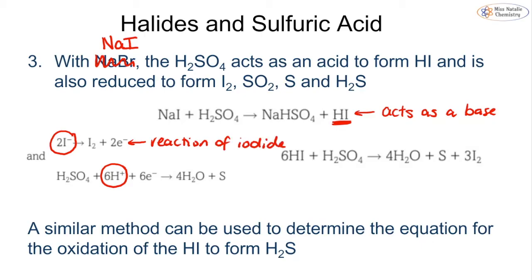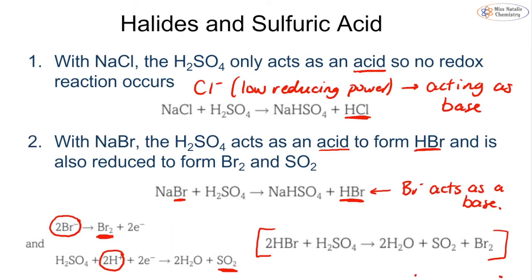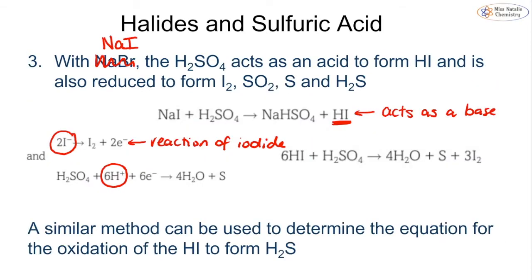And you should be able to write out ionic equations for each of the different products that are formed. So we've seen the change to make the SO2 on the previous slide. Now we're seeing the change to make the sulfur. So we get a combination of this equation, and you should be able to determine the equation for the reduction of the sulfuric acid to form the H2S.